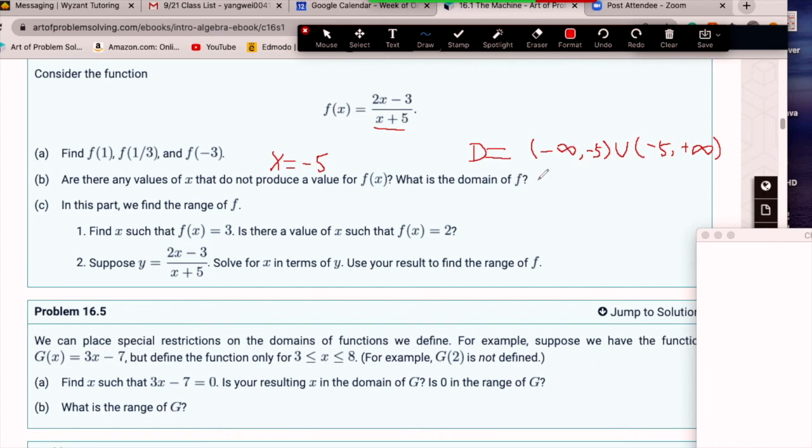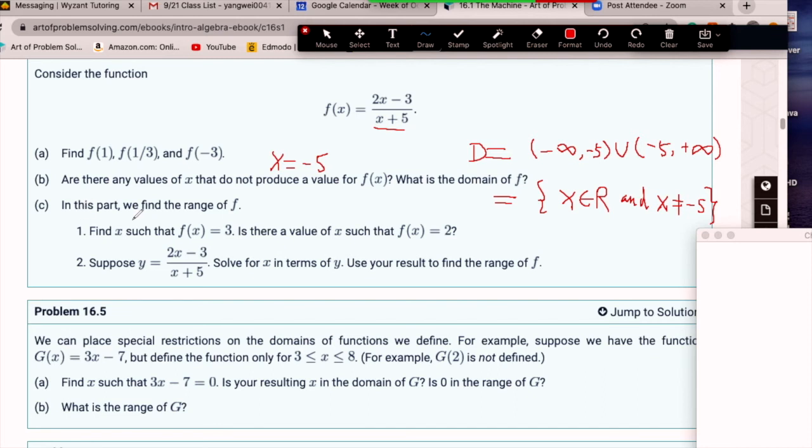This is one notation. You can use another notation: x belongs to R and x is not equal to negative 5. You can also write it this way. This is the domain.